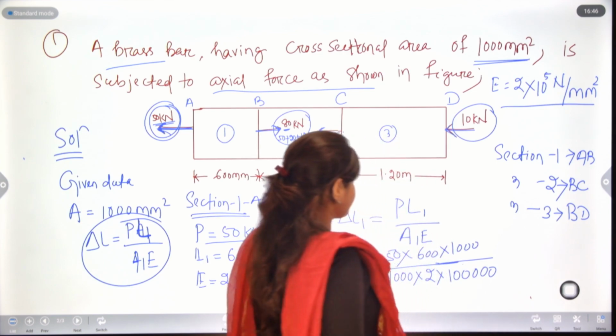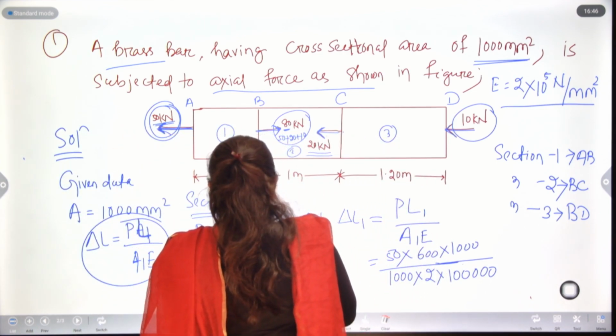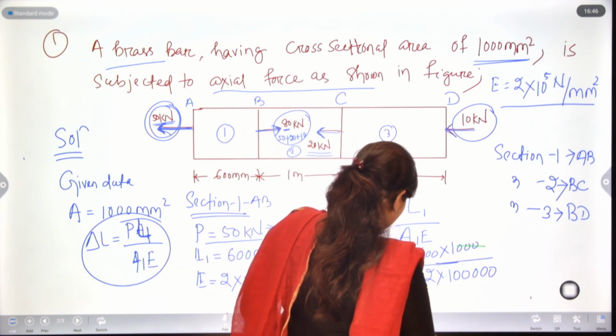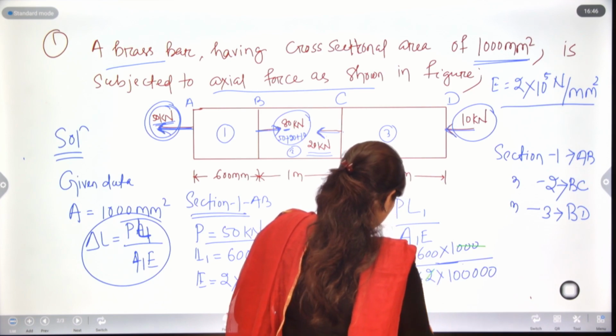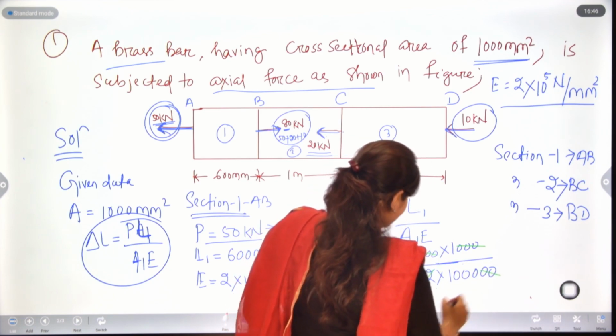Now we cancel 1000 with 1000, and 2 with 50 gives 25.